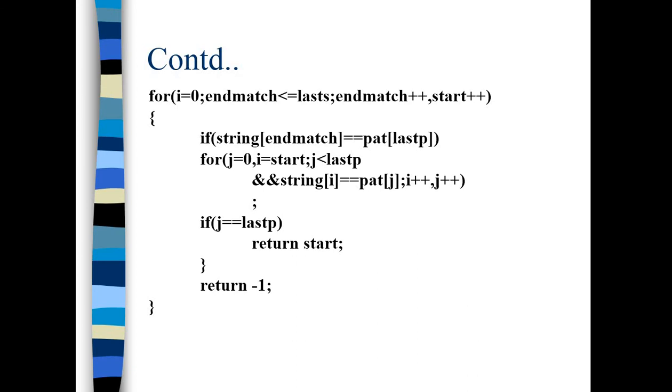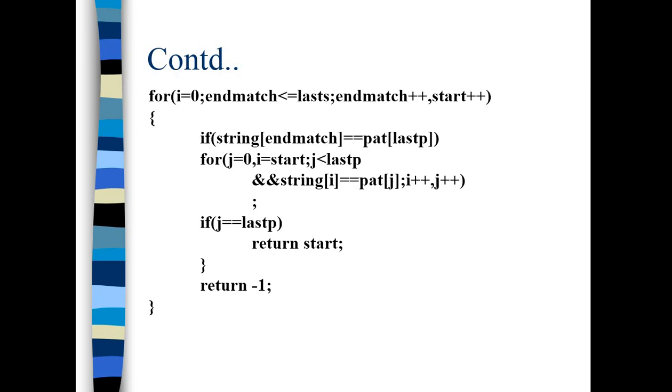If both of them match, then j and i will increment, and we keep on checking whether there is a match between the characters. If pattern length is 5, the 5th character of the string and the 5th character of the pattern we are matching. If the last character itself is not matching, it means the string is not going to match the pattern, so immediately you can come out of it.